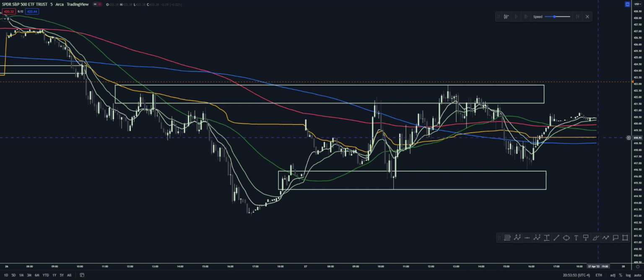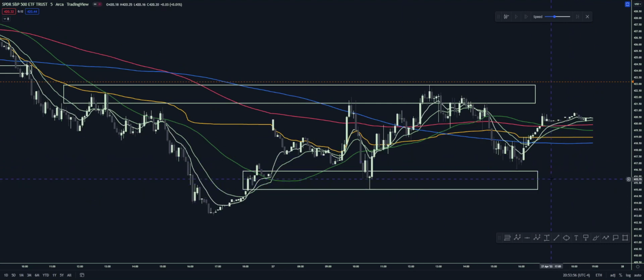Why do you not have your bottom zone lower? Joe, where do you think my zone should be? Down here?